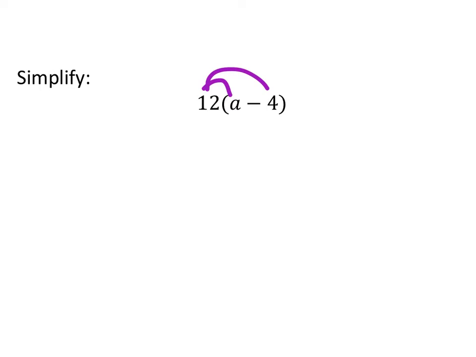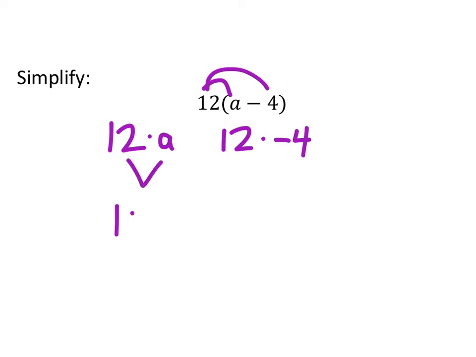So I start out, I distribute the 12 to the A, and remember, it's always multiplications, so it'd be 12 times A. Now, the next set of multiplications would be 12 times negative 4, you guys, because again, that term itself is considered negative 4, and we take care of the operation after we multiply here.